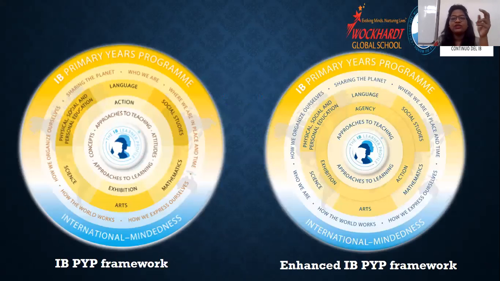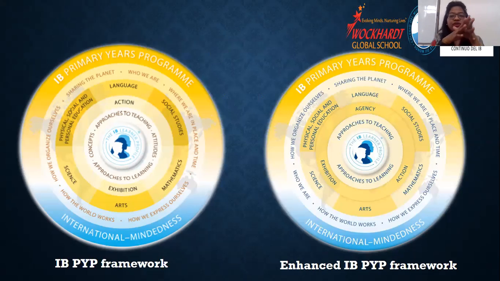So, the two infographics given by the PYP, as you can see on my screen: the framework on the left-hand side, we also call the old IB framework, and the new one on my right-hand side is the enhanced IB PYP framework.